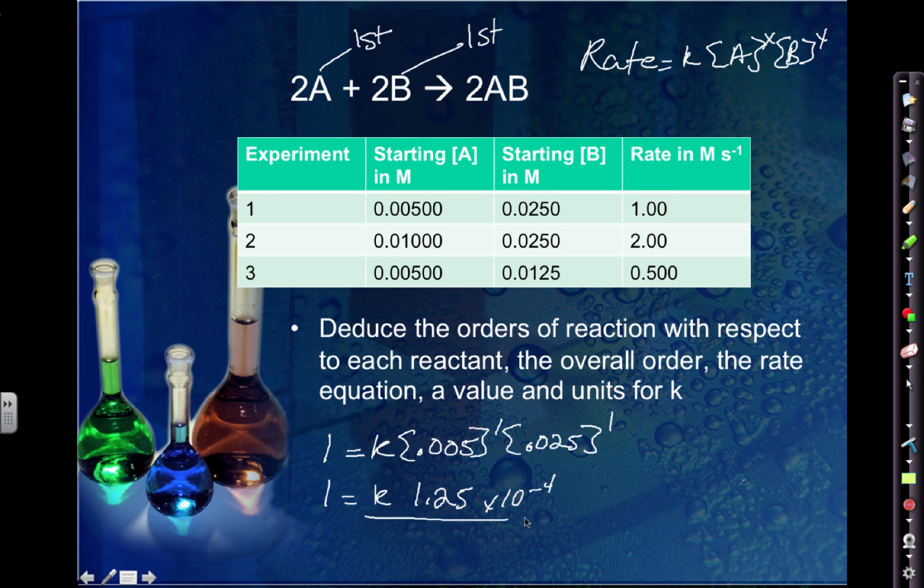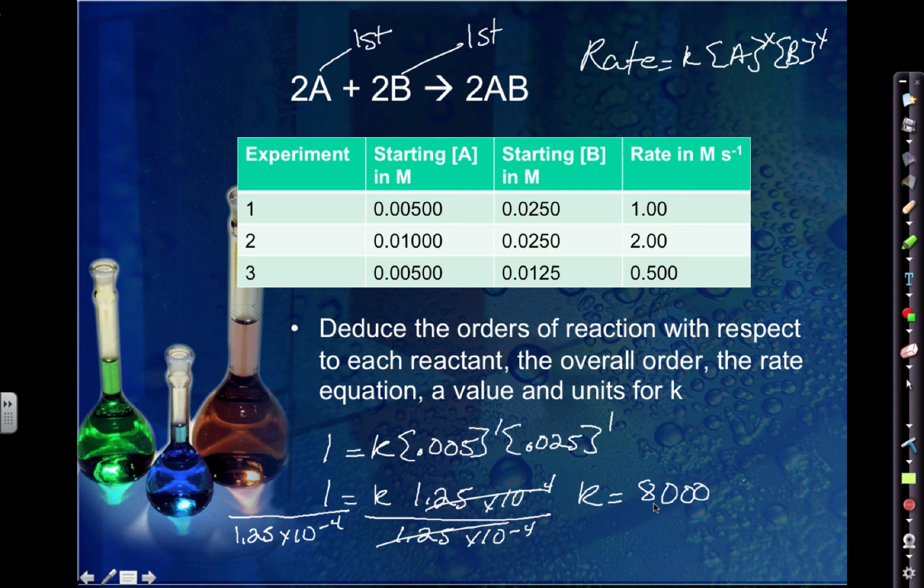All right, so now divide both sides by this. So K is equal to this divided by this, and you should get 8,000.